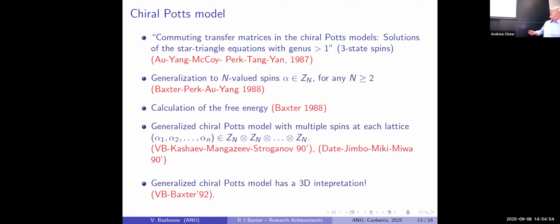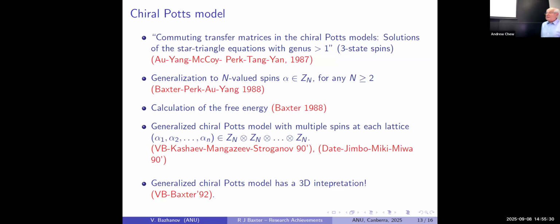And after that, for some time, there was our work, my work with Kashaev, Bazhanov and Stroganov, where we generalized it to multi-spin. For each site of the lattice, you have multiple spins, n by n, small n here, but each of them takes n values. So when n equals 1, that would be that one.